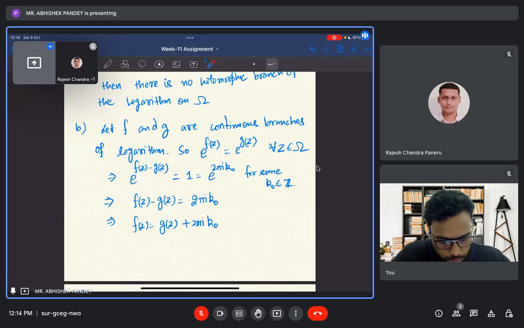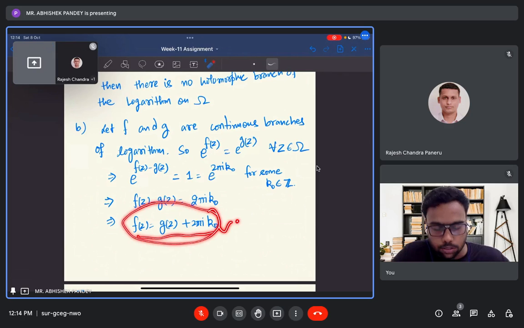Now this will be e to the power f(z) minus g(z) equals 1, basically 2 pi i k naught, for some k naught belonging to Z. And this will imply f(z) minus g(z) equals 2 pi i k naught. So basically f(z) equals g(z) plus 2 pi i k naught. Is it clear?